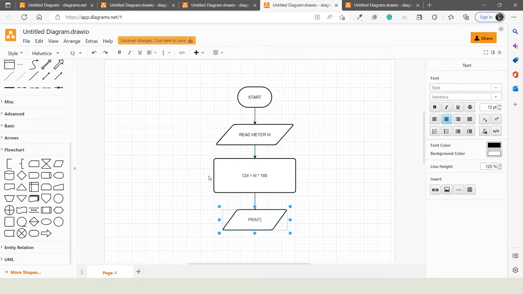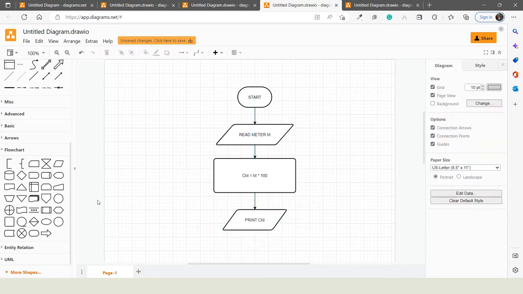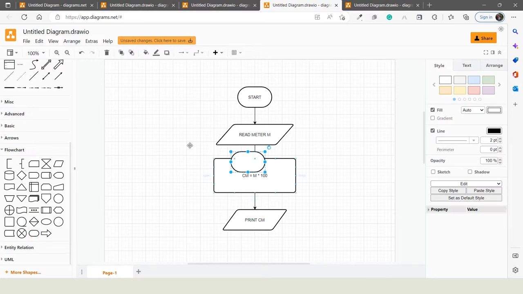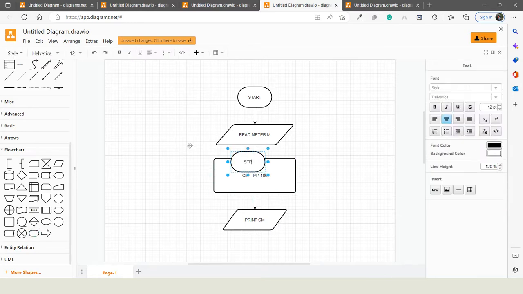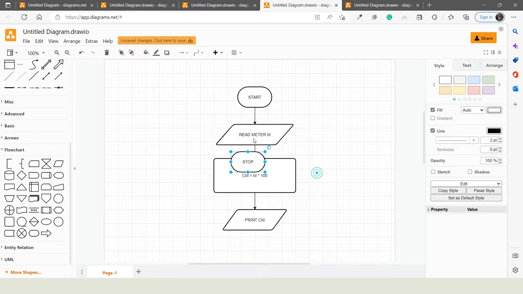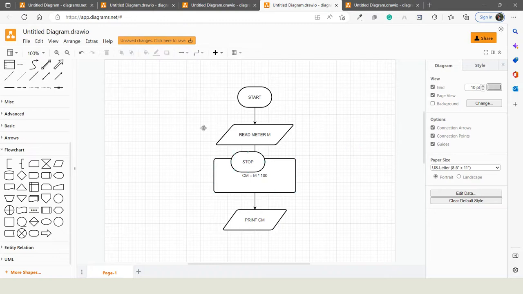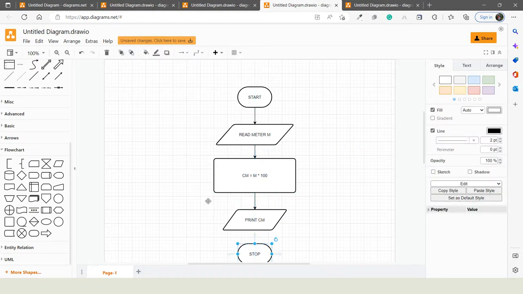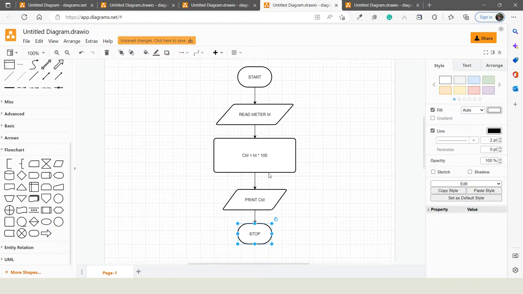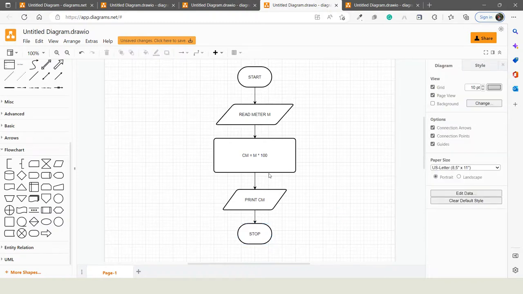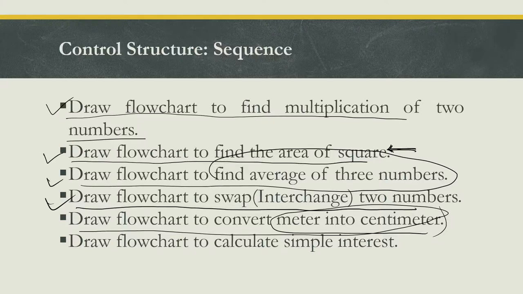Print cm, and the final symbol is stop. Okay, this is the flowchart for the problem to convert meter into centimeter. If you have any doubt regarding this flowchart, then you can write in the comment box below. Now let's quickly move to the next problem.